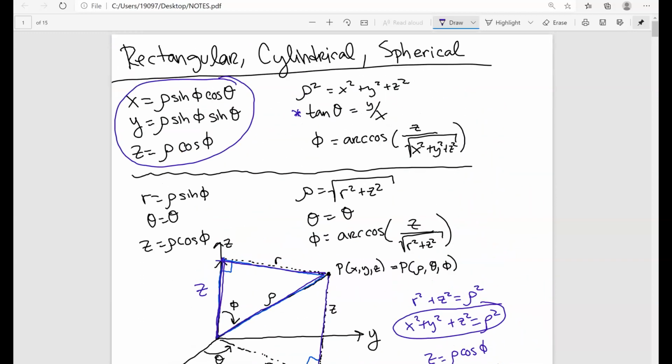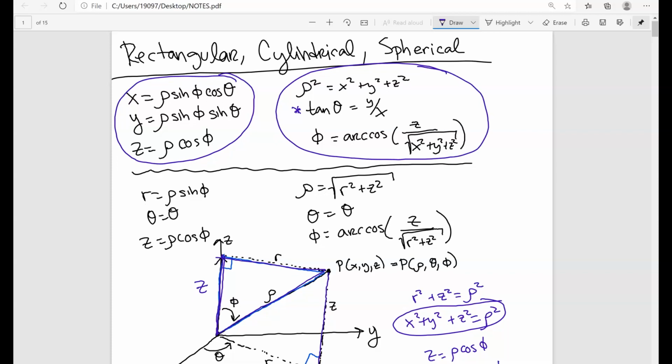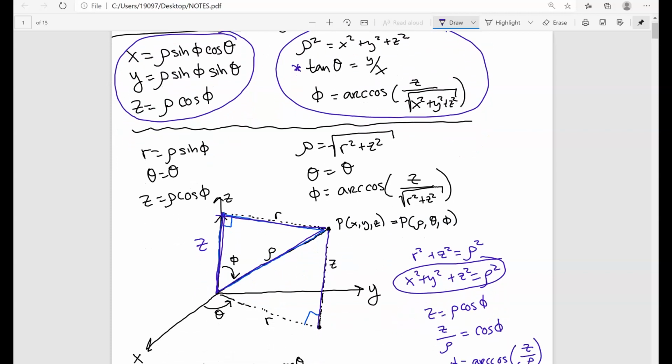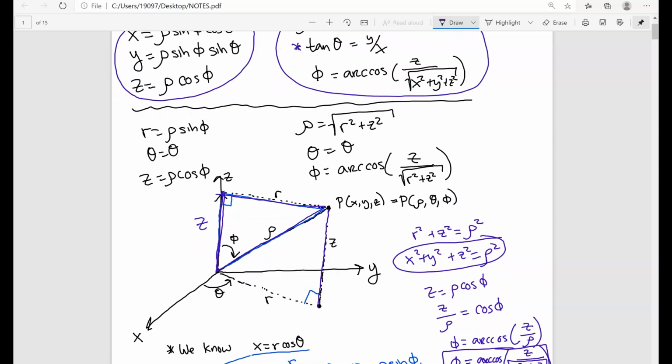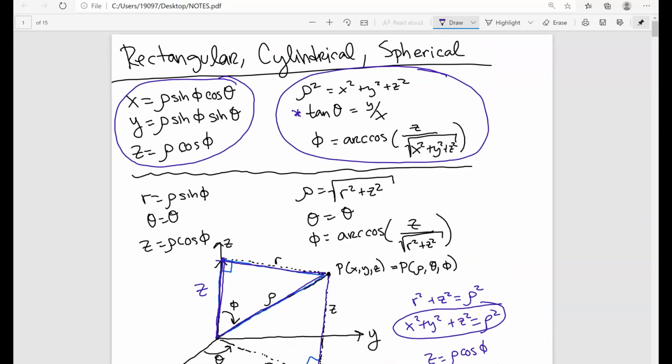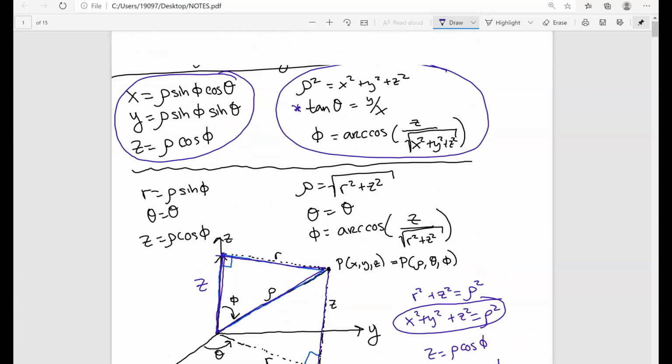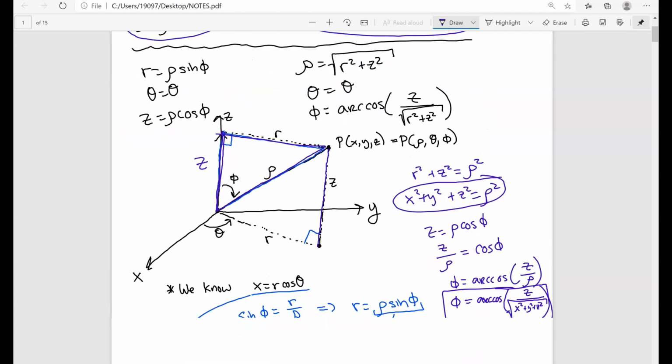Okay, so a lot of trigonometric things going on here. So that was rectangular to spherical and spherical to rectangular. That's how you acquire these formulas.